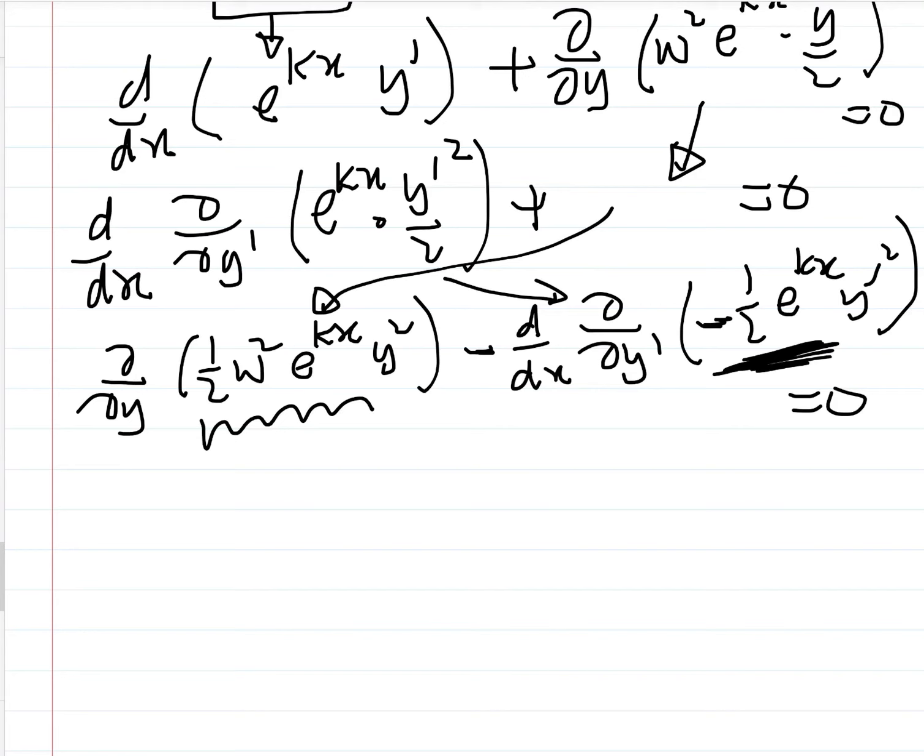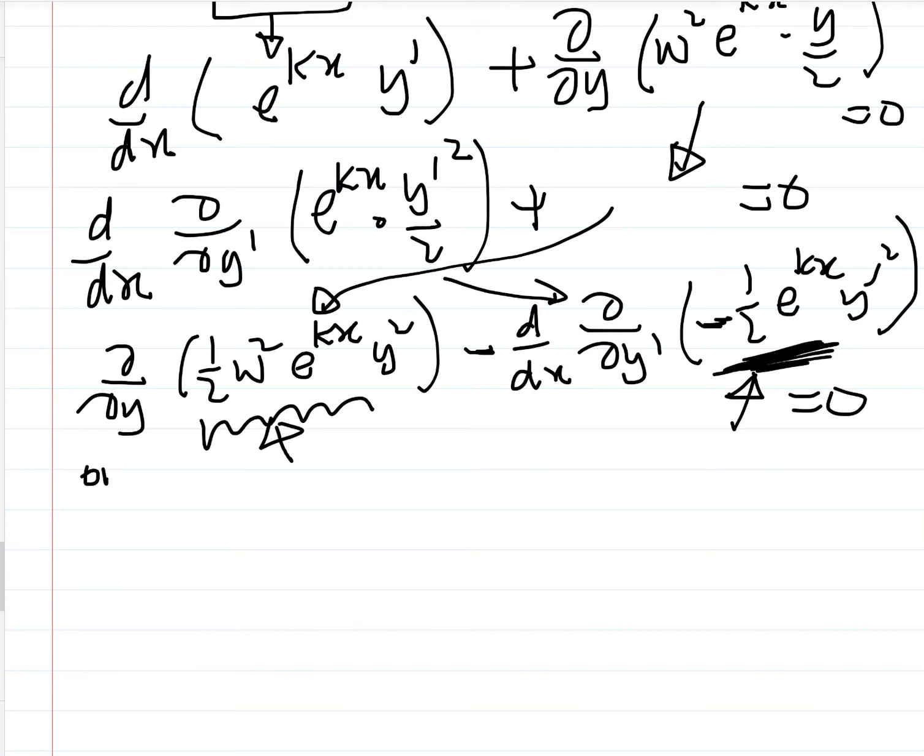So as far as this term is concerned, I can add any term involving y dashed, and its derivative with respect to y will be 0, so it's a constant. And in this case, I can add any term involving y, and I will not change anything, because its derivative with respect to y dashed will be 0.